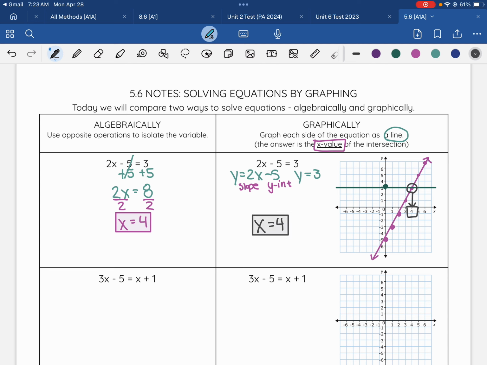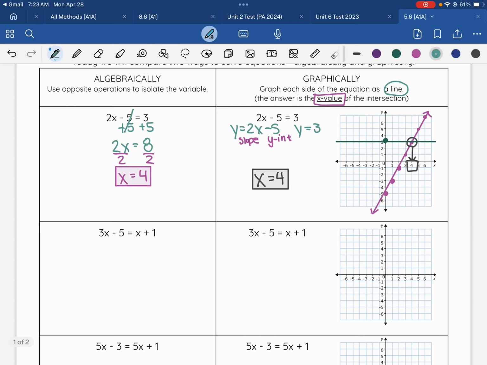Now, where this gets to be a little more useful is this next problem, because if I'm solving this next one algebraically, I would have to make this a 1x and subtract that 1x to the other x on the other side. Since they're on opposite sides, I have to do the opposite. Now, 3x minus 1x is 2x.